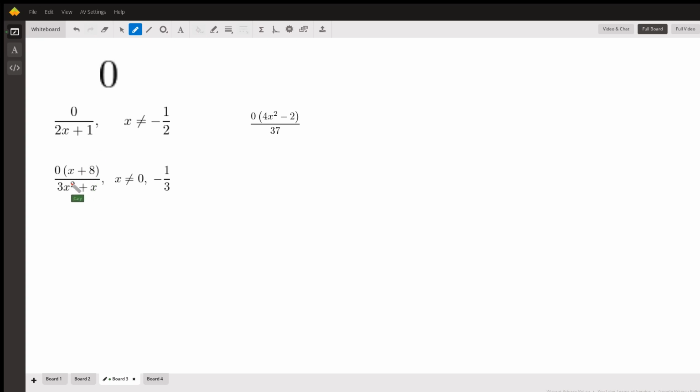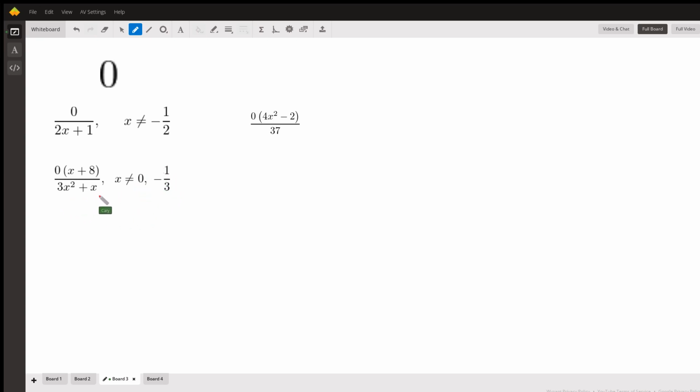On this one, we have 0 times a binomial, and 0 times anything is still 0. So our numerator is 0 like we wanted, and we just have to make sure that we don't also have a denominator of 0, and we can do that by making sure that x doesn't take on the value 0 or -1/3.